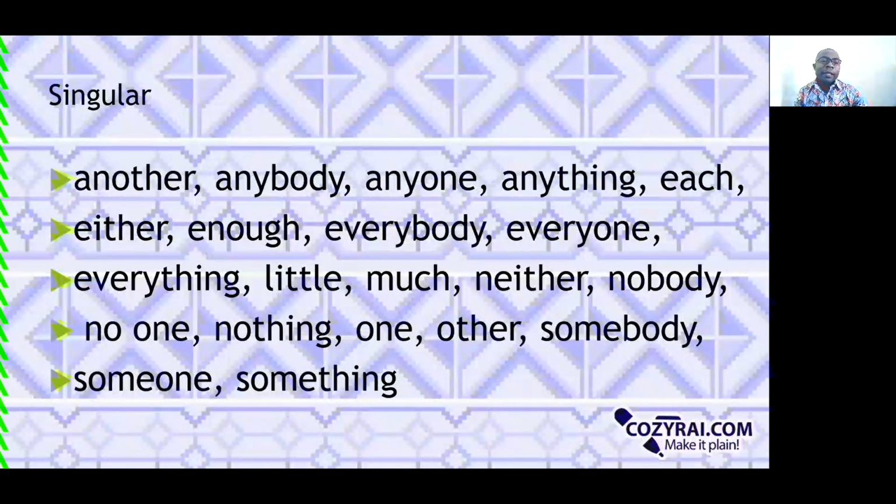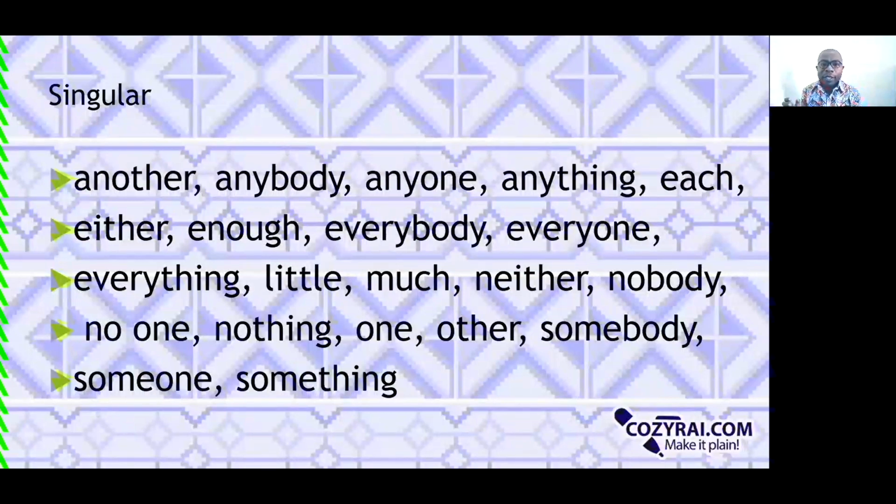So we're going to have the singular ones, as we can capture them here. All these ones are always singular: another, anybody, anyone, anything, each, either, enough, everybody, everyone, everything, little, much, neither, nobody, no one, nothing, one, other, somebody, someone, something.